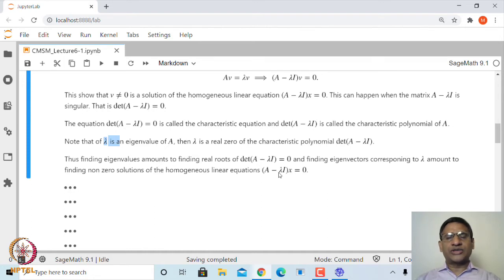So, finding eigenvalues and eigenvectors actually boils down to working with this characteristic equation and this homogeneous system of linear equations.